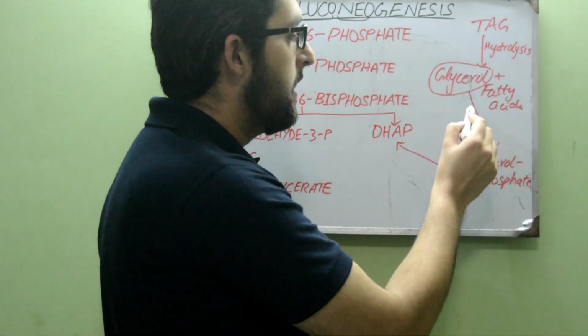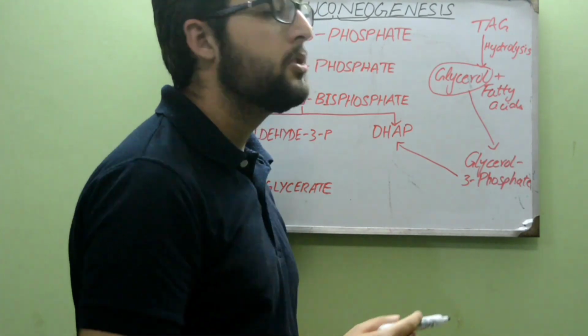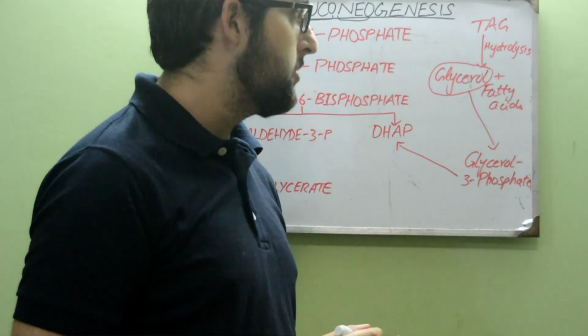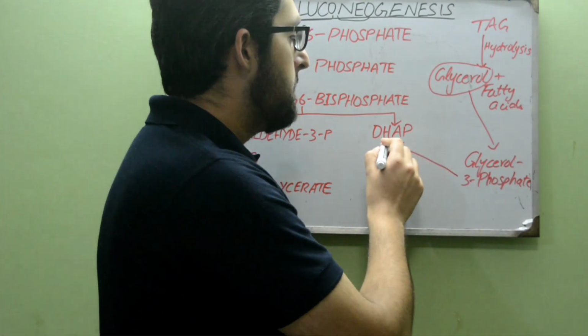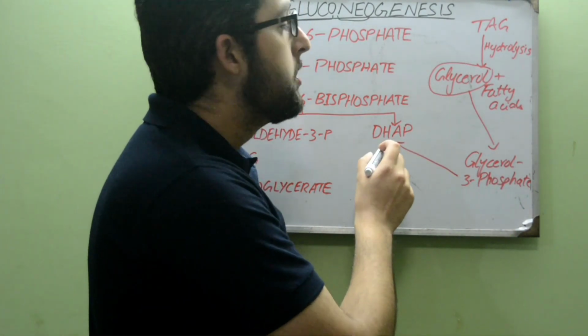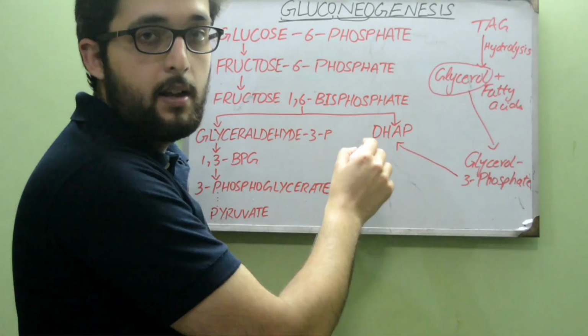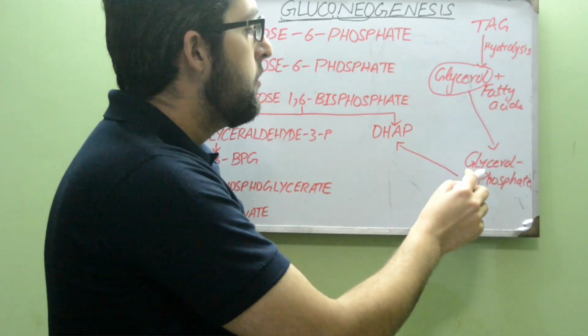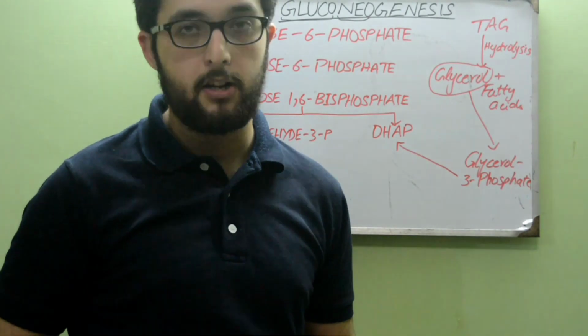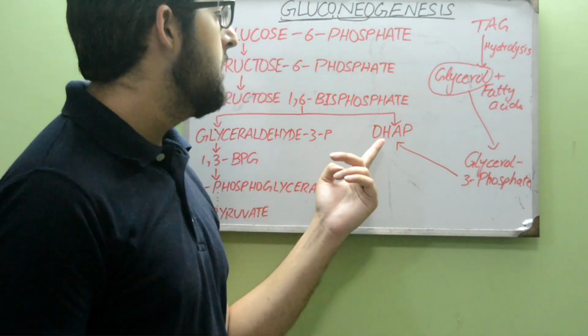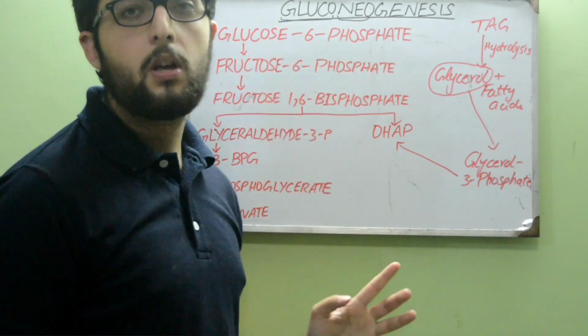Glycerol amongst them is phosphorylated to glycerol 3-phosphate by glycerol kinase. Glycerol 3-phosphate then becomes DHAP, which is an intermediate of glycolysis, by the enzyme glycerol 3-phosphate dehydrogenase, right? So DHAP then can go back to produce glucose, right?